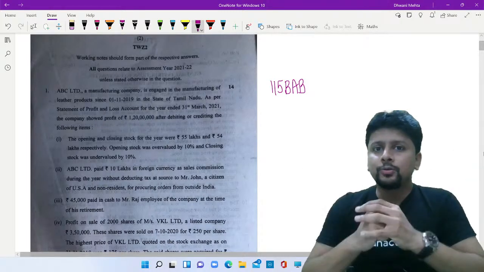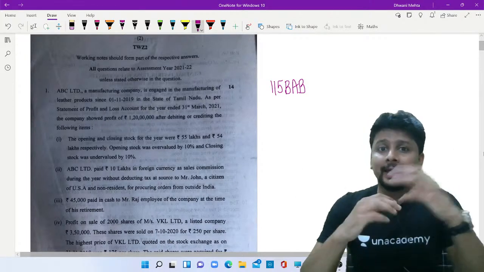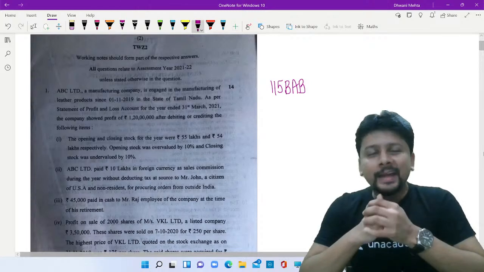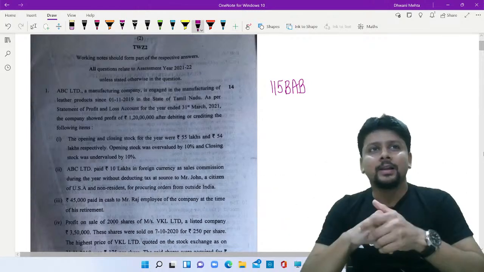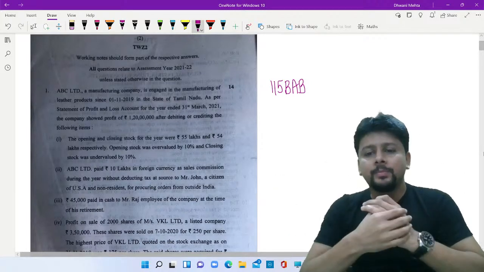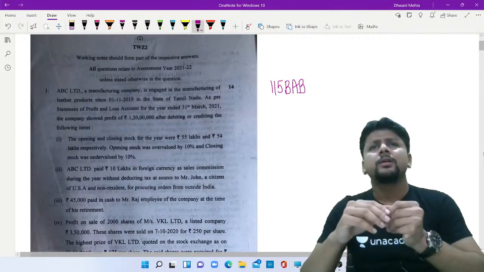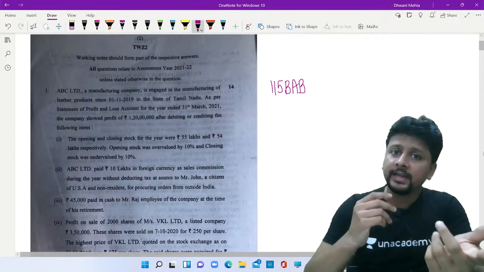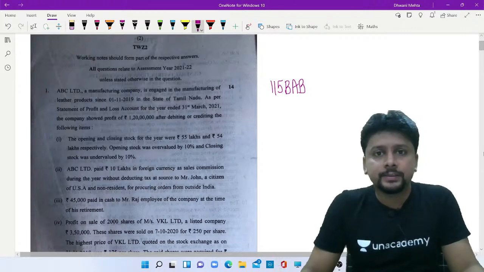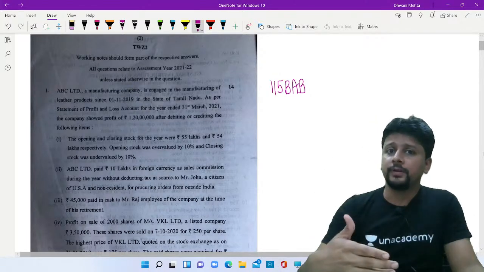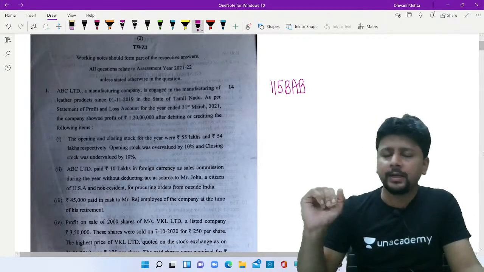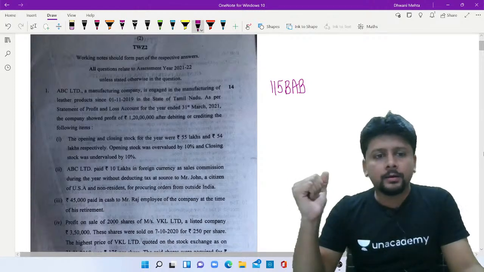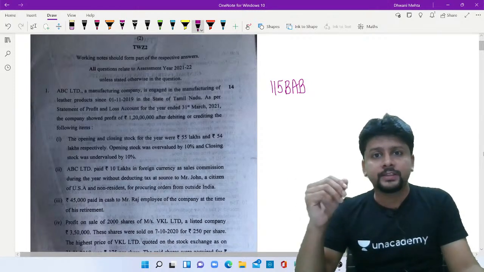So any student who relied on the past trend and thought, hey, capital gain is not coming up in the paper since 2019, so it might not come up in this attempt also, that student was in for a surprise. 8 marks of MCQs exclusively from capital gains, and capital gains was also part of the descriptive questions.